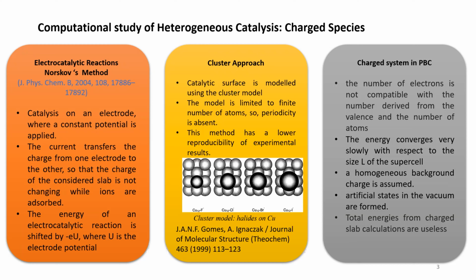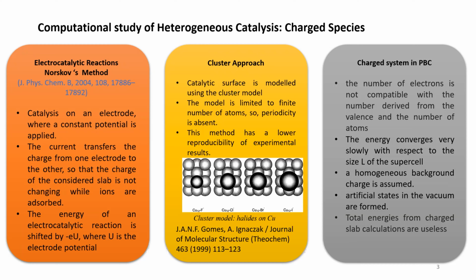But if we want to model the system in a more realistic way, people use a system with periodic boundary conditions. But in this case, the number of electrons is not compatible with the number derived from the valence and the number of atoms, as the system is charged. So there are some problems.